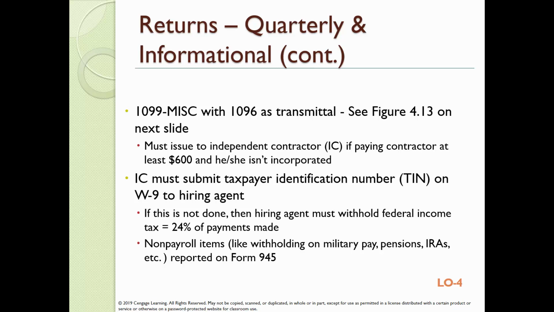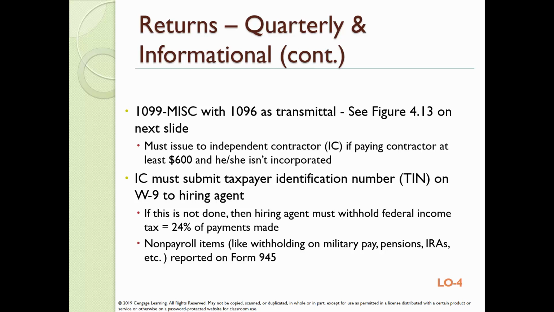If you meet all 3 of those, I've got to issue you a 1099. No, it's actually a tax document that makes sure that you go report that as self-employment income on your tax return. It's not a W-2. So $600, not incorporated, and it was for a service. I issue you a 1099 miscellaneous.